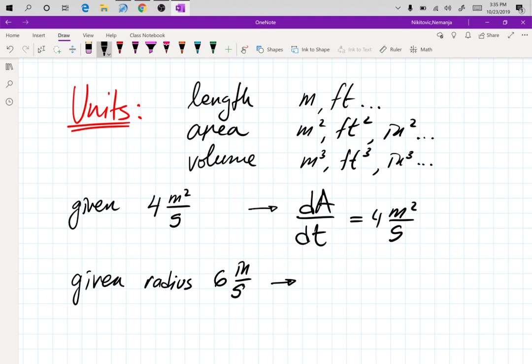Another sentence says, how fast is the area increasing when the radius is 100 meters? All right, so how many pieces of information do we have in this sentence?